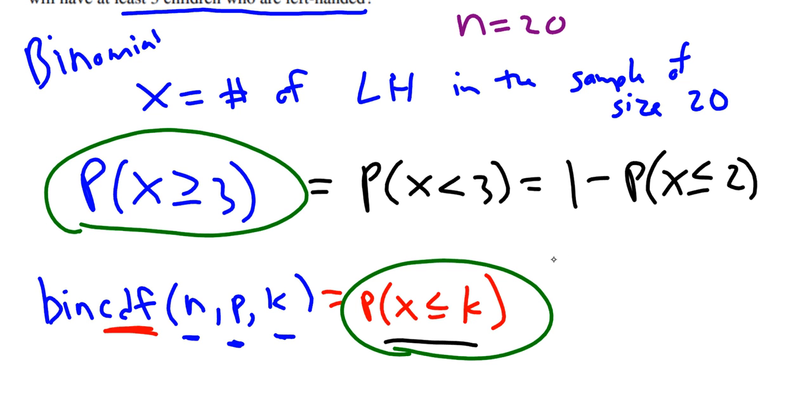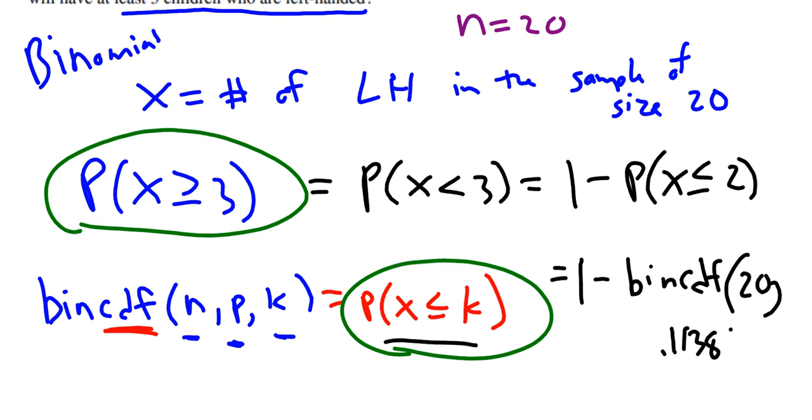That's what we're going to do: 1 minus the binomial cdf. You put n first, 20. p, the probability of someone being left-handed, that was 0.11385. And k, which is 2.